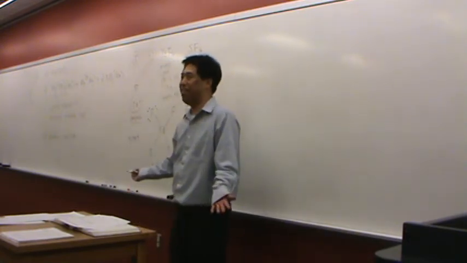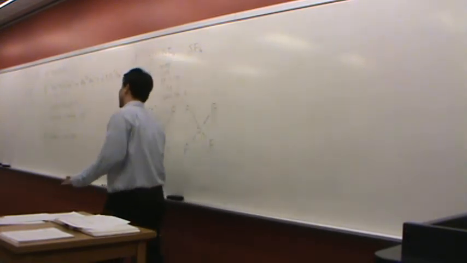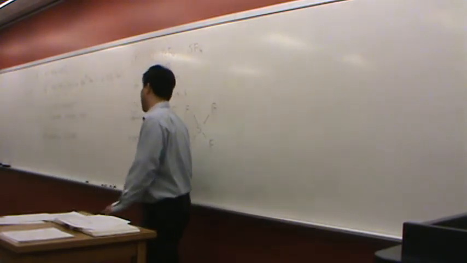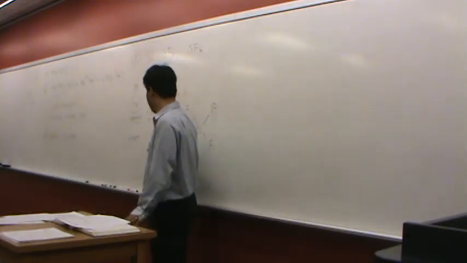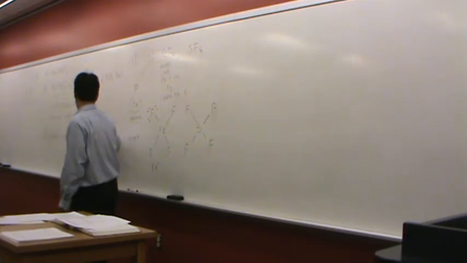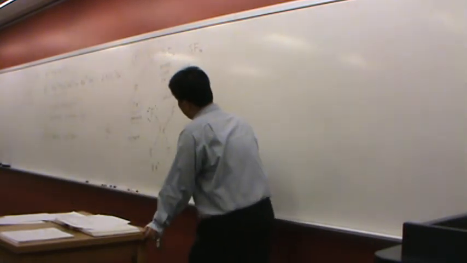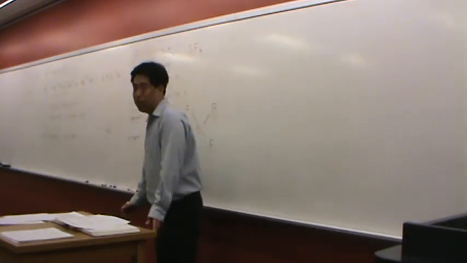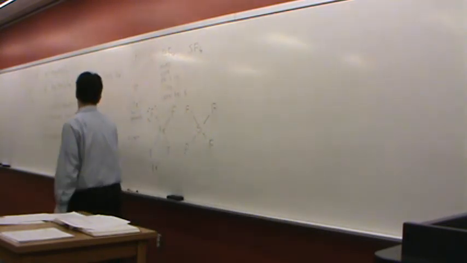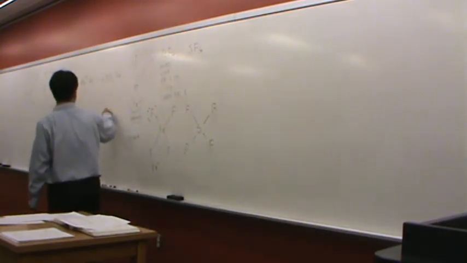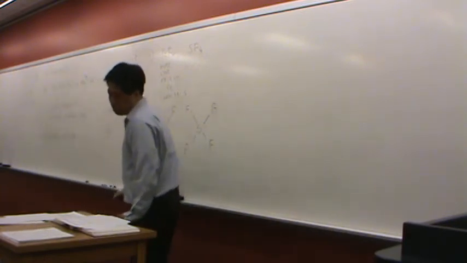Honestly, I don't know, because xenon by itself is already stable. Xenon has 8 electrons, 1, 2, 3, 4, 5, 6, 7, 8. There's no motivation for xenon to form any bond. That's true for all the noble gases, right? There's no motivation for a noble gas to form any bond.